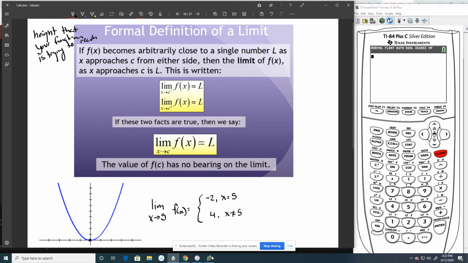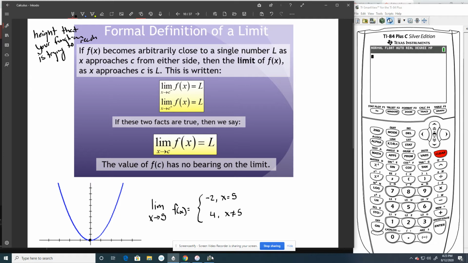And the way that we write that is the limit as x approaches some number is the y value. So the limit as x approaches this number is going to be my y value of that function.